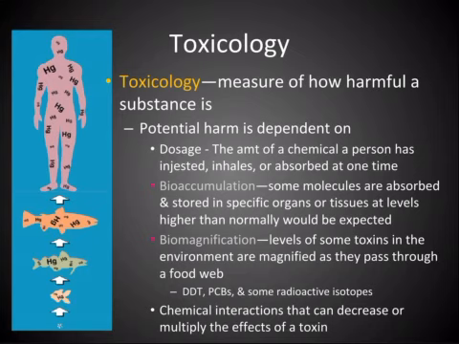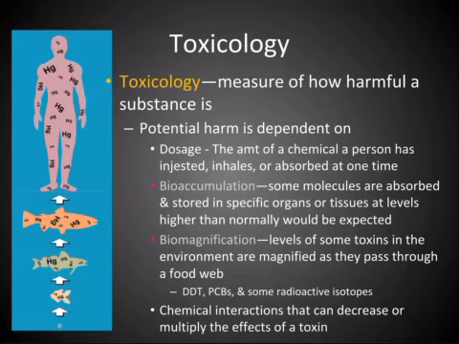And then biomagnification, depending on what you eat, especially some fish, those substances that bioaccumulate can magnify through the food web. And so as you eat foods that are at those higher trophic levels, you are consuming higher concentrations or higher dosages of those substances. And we talked about DDT, PCBs, as well as other substances.